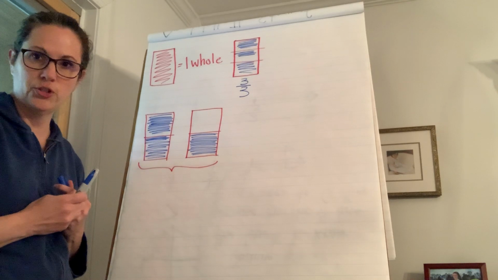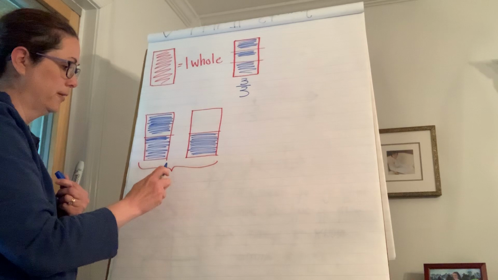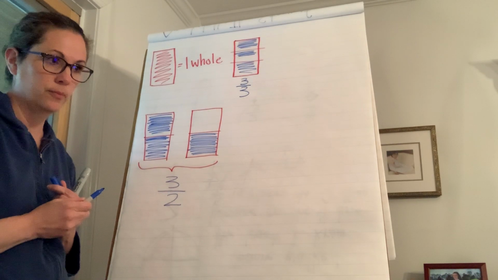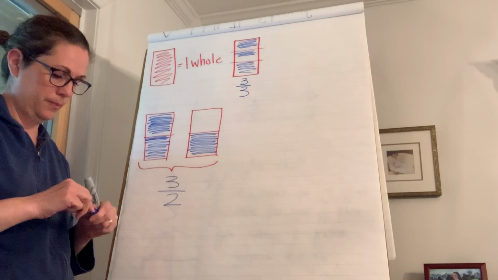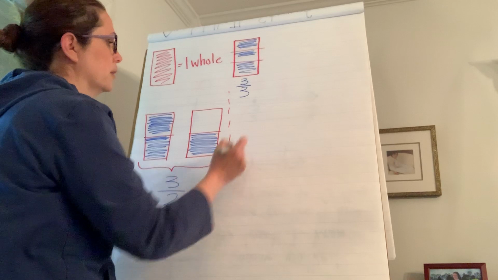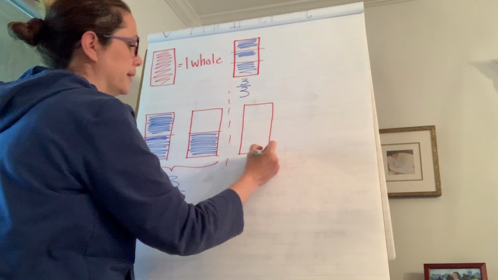What fraction is shaded? How many halves are shaded here? 1 half, 2 halves, 3 halves. 3 halves are shaded. Okay? So let's see, this is a different one. Suppose our whole things look like this.